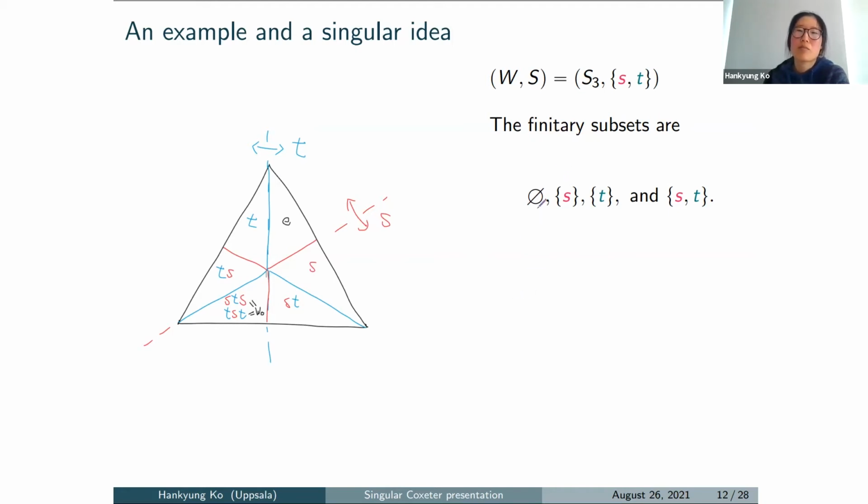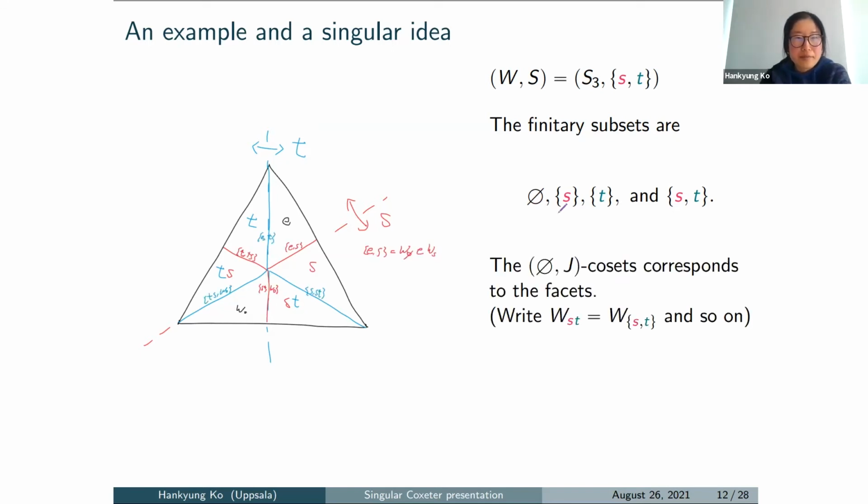We have 4 of them: empty, S, T, and ST. For now, we consider the double cosets, which are actually left cosets, or maybe right cosets. So on the left, you have the empty set, the parabolic subgroup generated by empty is the trivial group. So this double coset is the same as a single set.